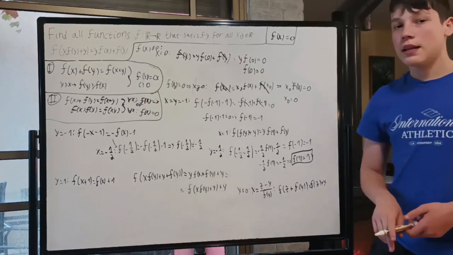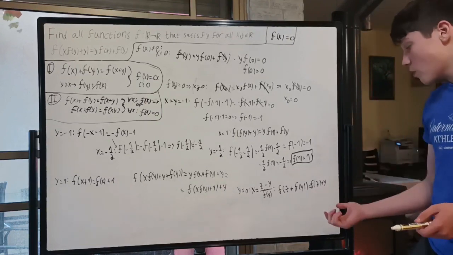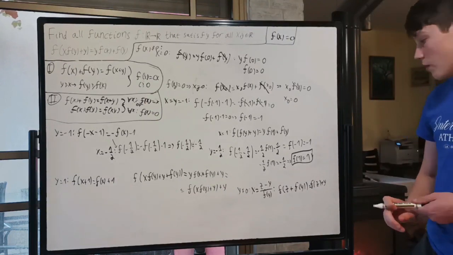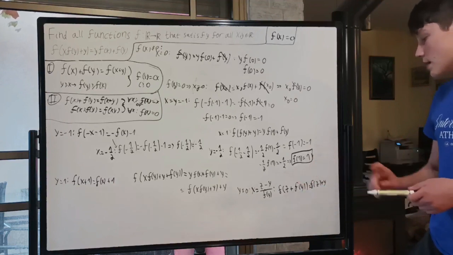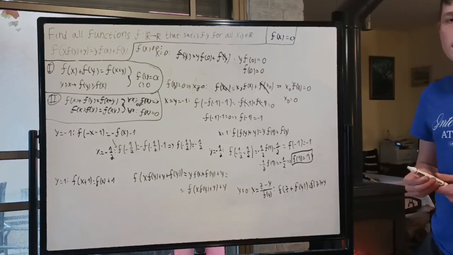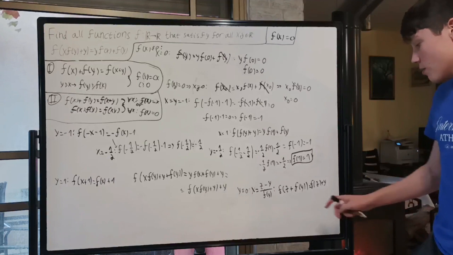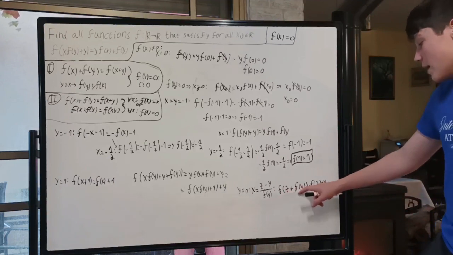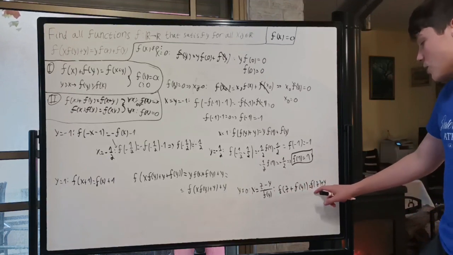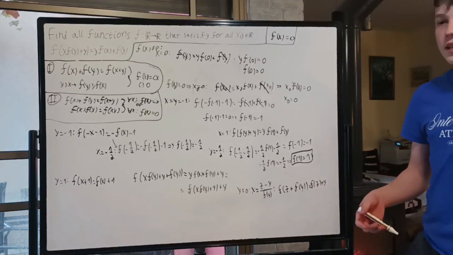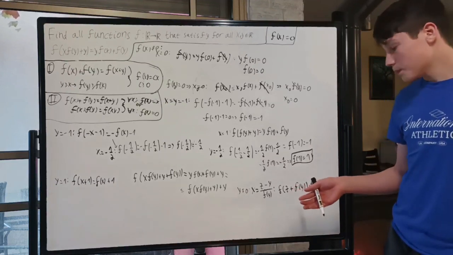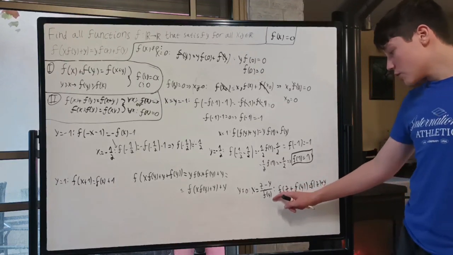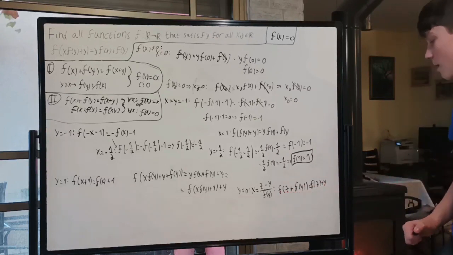So it's almost additive. If you would have replaced y with f of y, this thing would be additive. Now this is for y is not 0, but notice that this is obvious for y that is 0 too, because f of 0 is 0, we get f of z is equal to f of z plus 0, so f of z is equal to f of z, that's obviously true. So this is actually true for any y you plug in here.